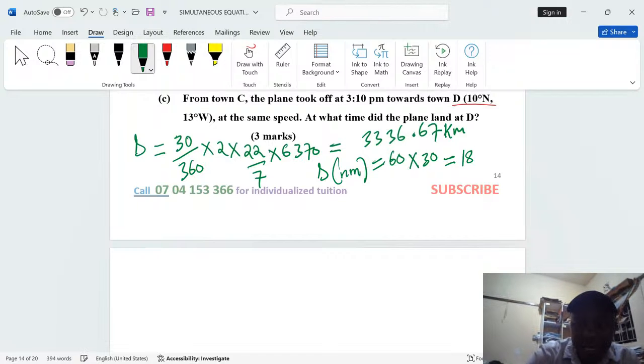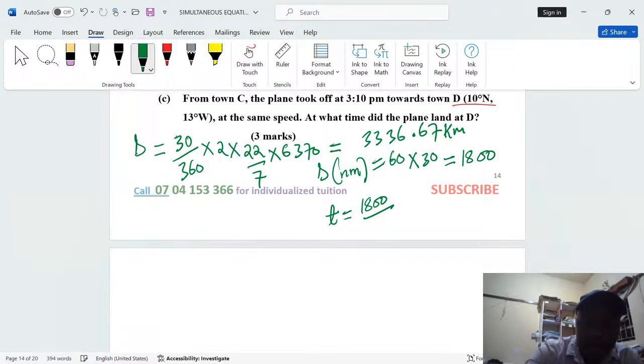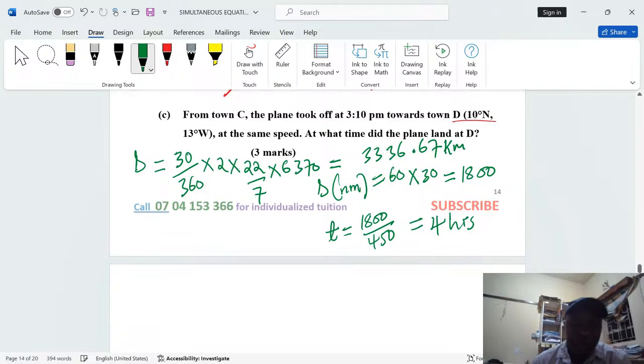This gives us 1800. Therefore, we can now get the time taken, which will be 1800 nautical miles out of 450, the speed, and this will give us exactly 4 hours. So with time taken as 4 hours, and we are moving along the same longitude, there is no time difference.